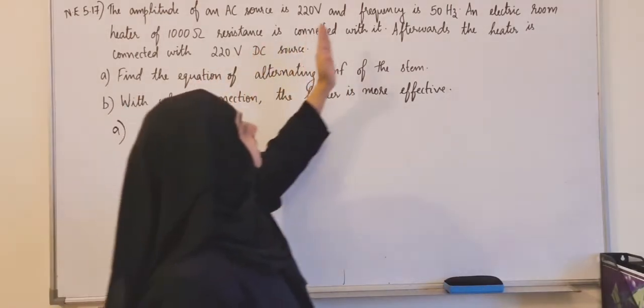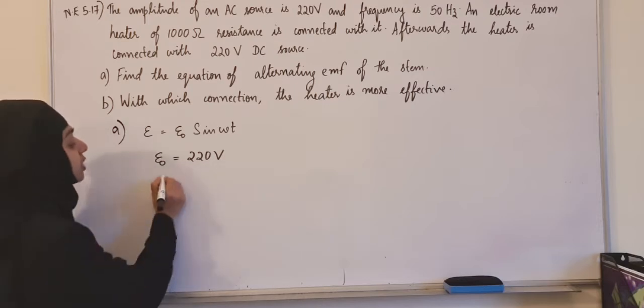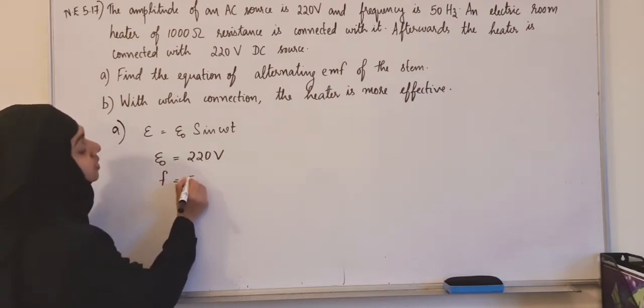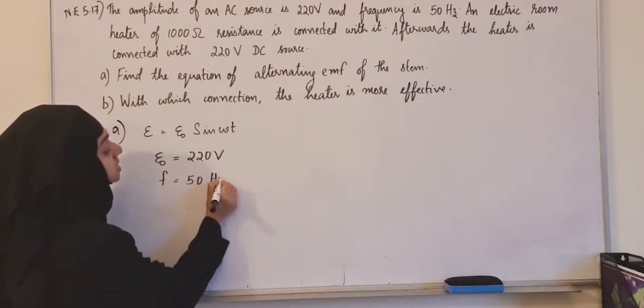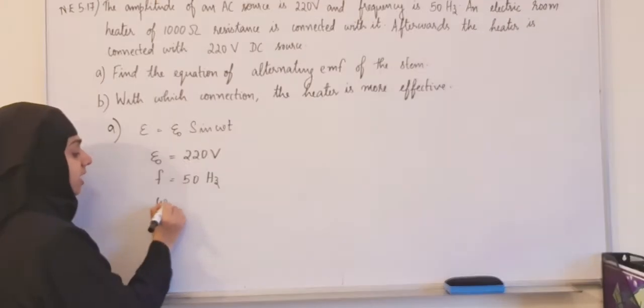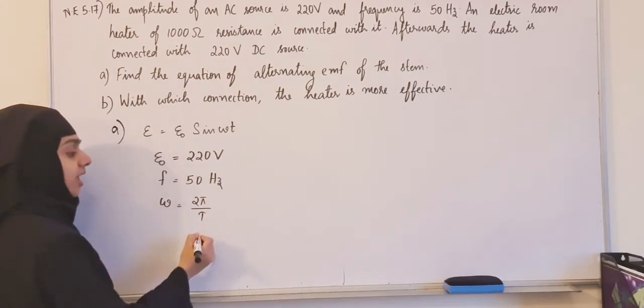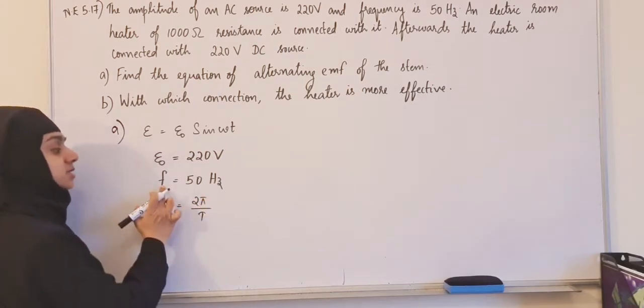What else is given? Frequency is 50 Hz. So frequency f is equal to 50 Hz. But we know that omega is equal to 2 pi by T, and 1 by T is frequency.